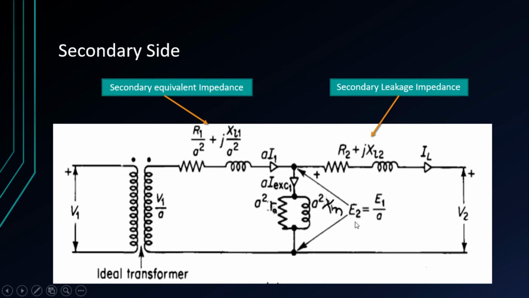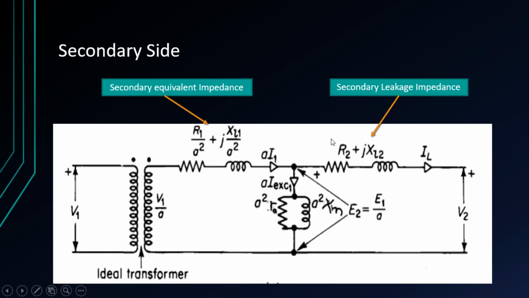So, E sub 2 is equals to E sub 1 over A. Makikita natin to sa relationship ng transformer ratio na yung A is equals to E sub 1 over E sub 2. So, halos kaparehas lang yan, inuulit-ulit lang. Gamit na gamit yung ideal transformer ratio.